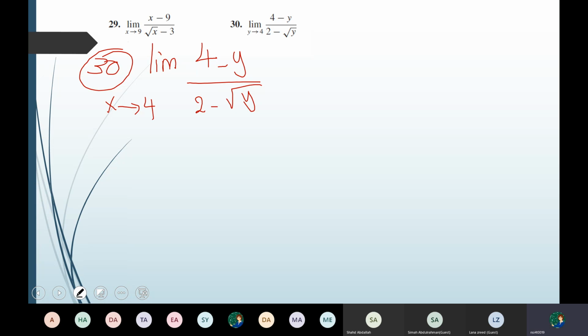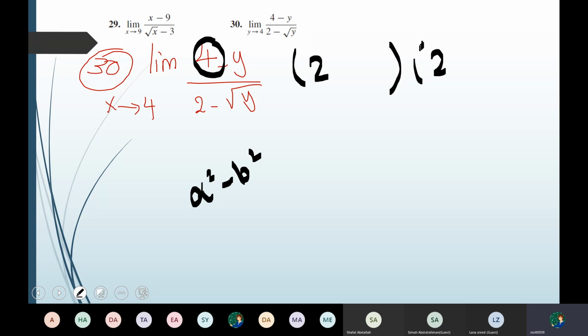What you have to do first here is factorize 4 minus y. It's like a squared minus b squared. So a, which is 4, I can write it as 2 times 2, and negative y, I can write it as negative square root of y, positive square root of y, using a squared minus b squared.